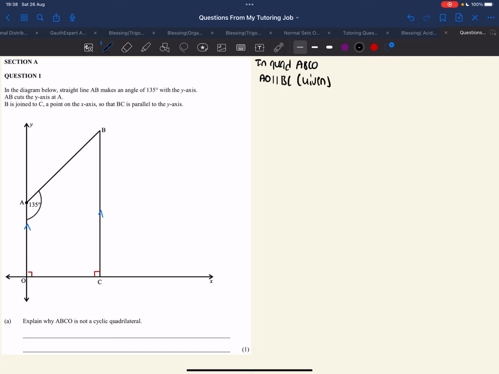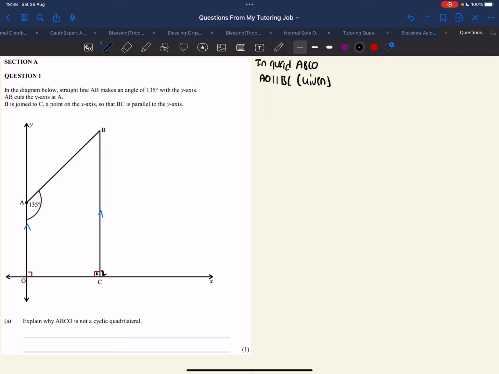Now if AO is parallel to BC, I'm going to label this C1, and I'm going to label this C2.